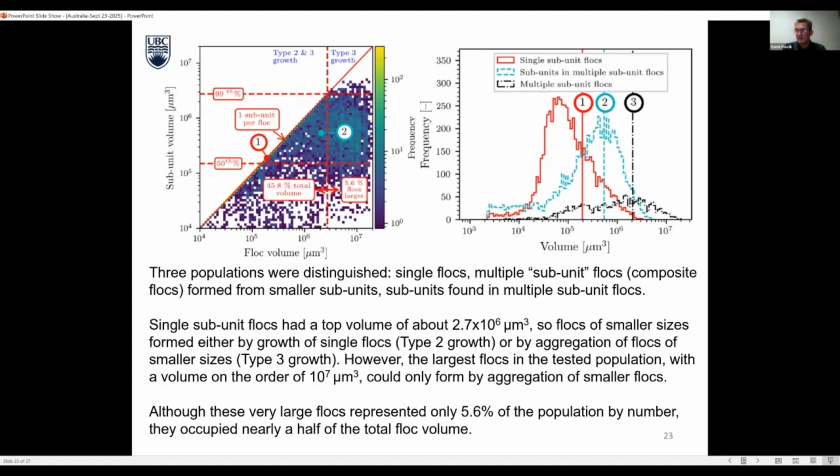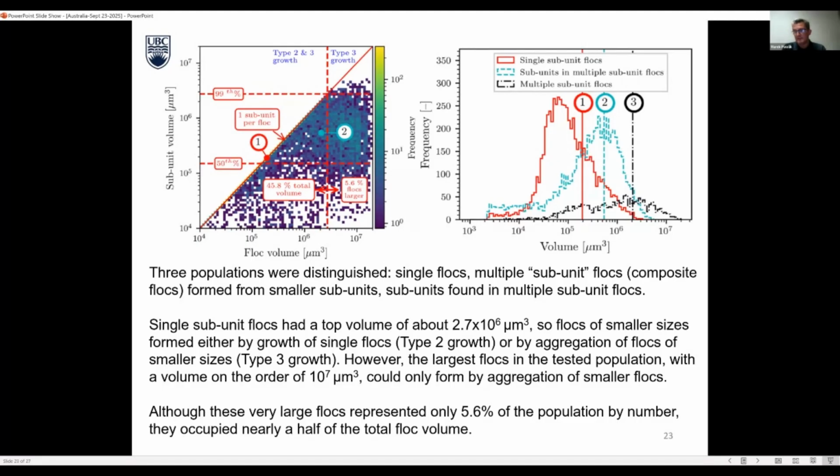Type 1 would be coagulation of individual particles, but because of the size of this material, which was only 2 or 3 microns, and the resolution, the voxel size was about 4 microns, we couldn't quite see those, so they were eliminated. Those were not flocks. Those were primary particles aggregating, for example, as a result of changes in pH.